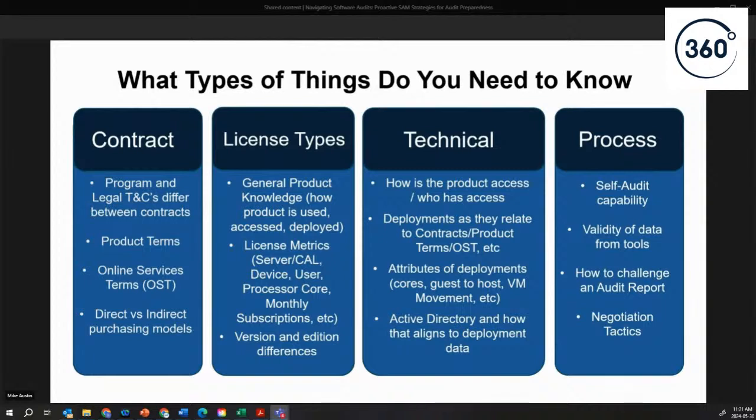And then the other part of this as well is an audit. I always say that an audit starts as science, right? So when I get into an audit, it starts as a science. It's all what we're talking about. How many licenses do I have? How do I count my deployments? How do I assign my licenses to those deployments? It's very scientific. What's my contract state, all that sort of stuff.